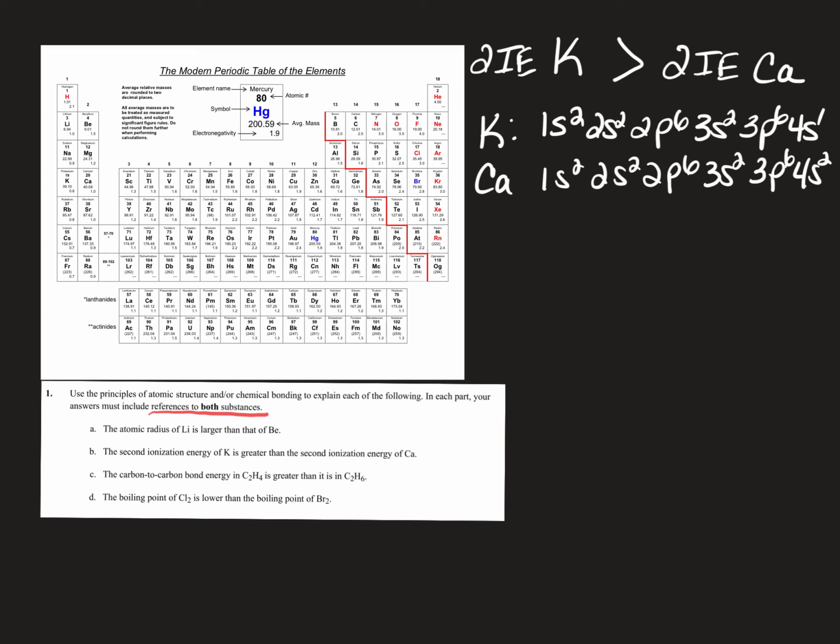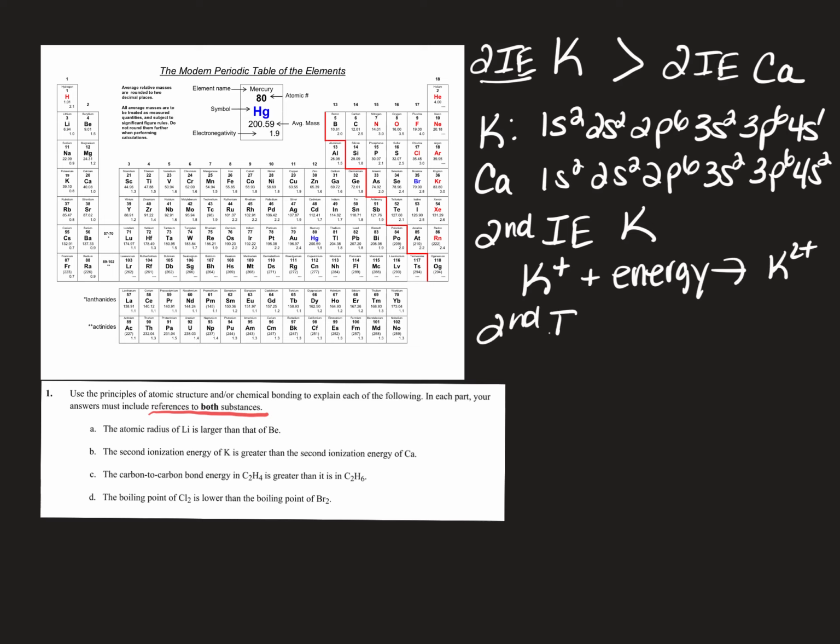So when we're talking about its second ionization energy, the second ionization energy for potassium is a potassium ion plus energy, which is your ionization energy, giving you K2+. And the second ionization energy for calcium is going to be calcium plus energy to give us calcium 2+.